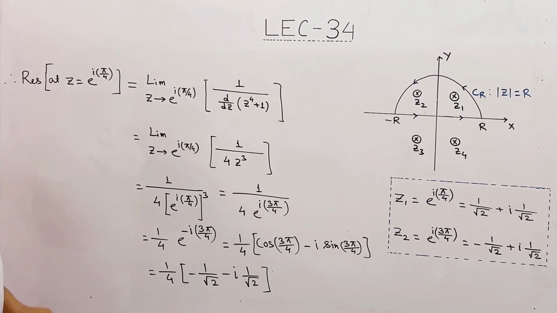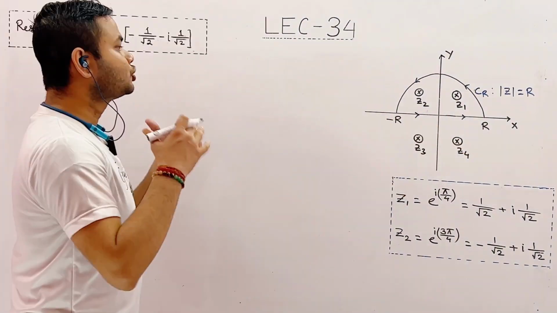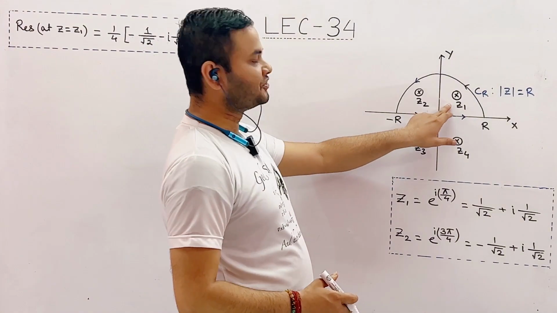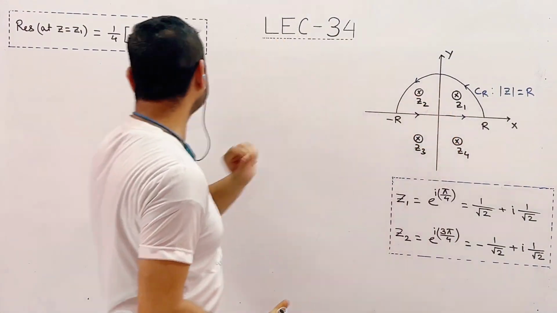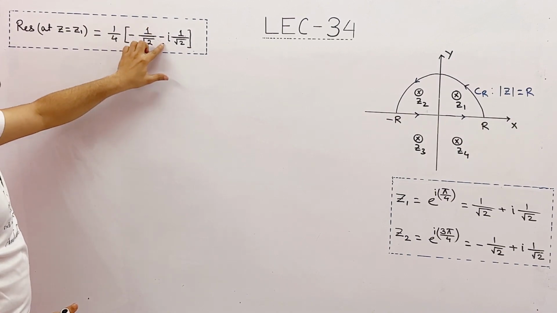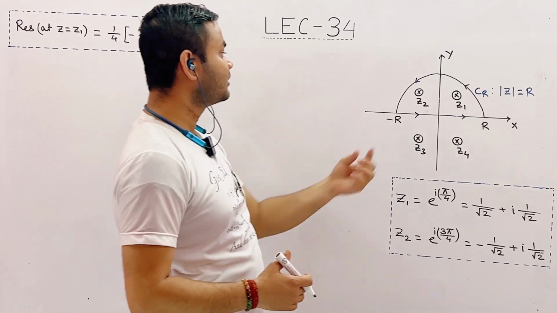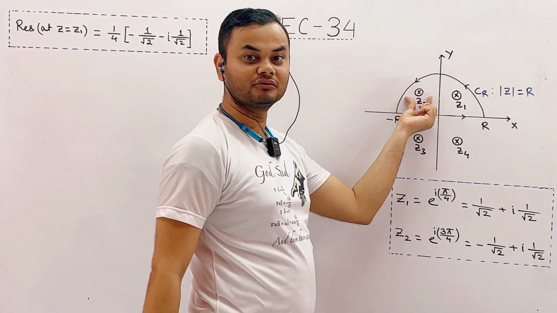So, this is the value of the residue at the pole z equal to z1. So, we have seen that the residue at the pole z equal to z1 is 1 by 4 into minus 1 by root 2 minus iota into 1 by root 2. Next, let us find out the residue at the pole z equal to z2.